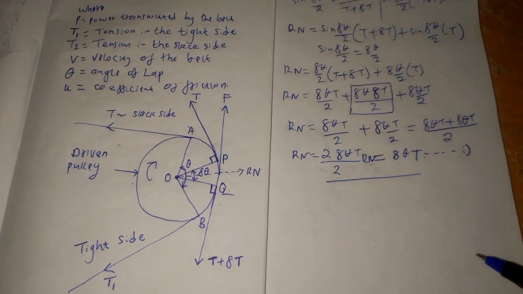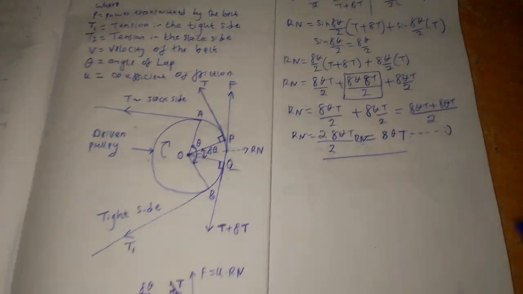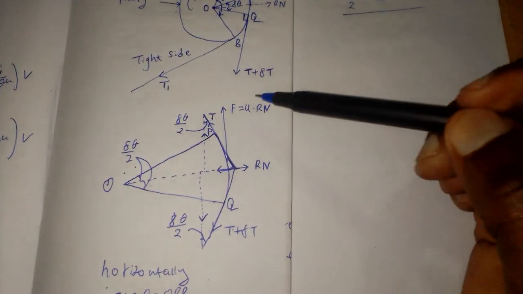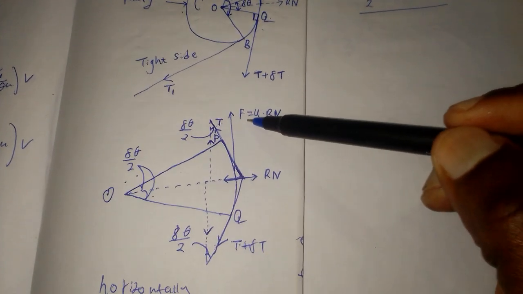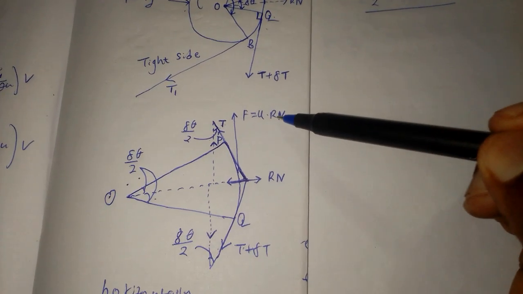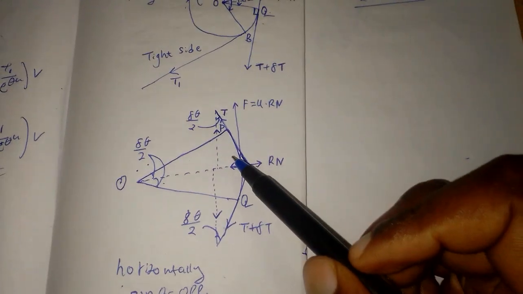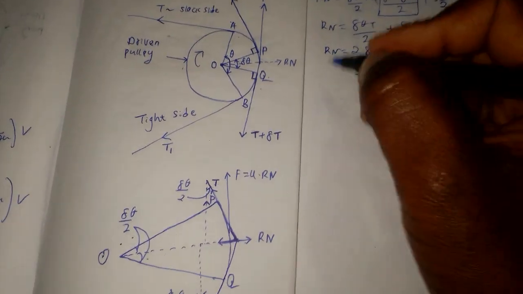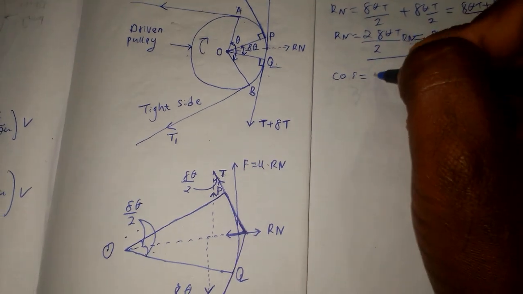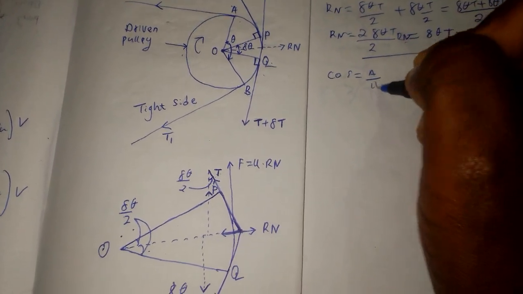Now let's resolve all the forces. Let's resolve all the forces vertically. We are going to consider frictional force F, which is mu times Rn. Because it is vertical, we are going to use cos. We know that cos is equal to adjacent over hypotenuse.